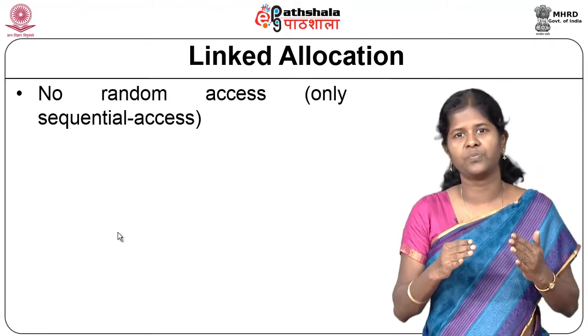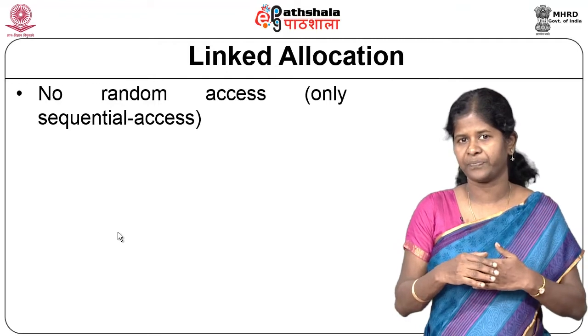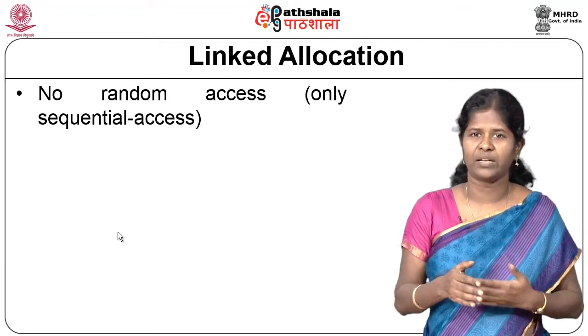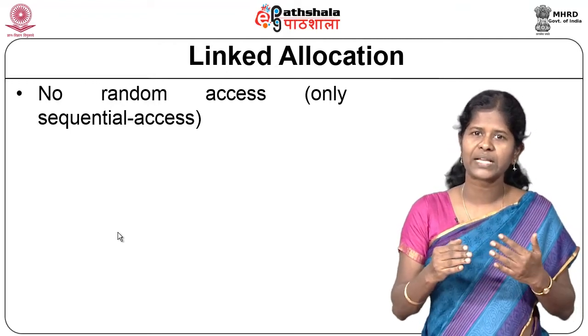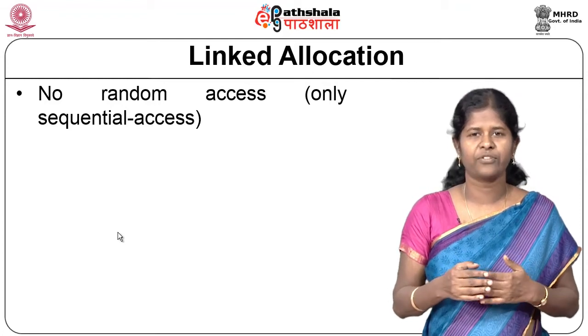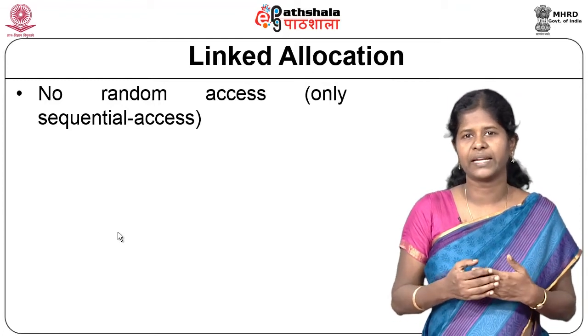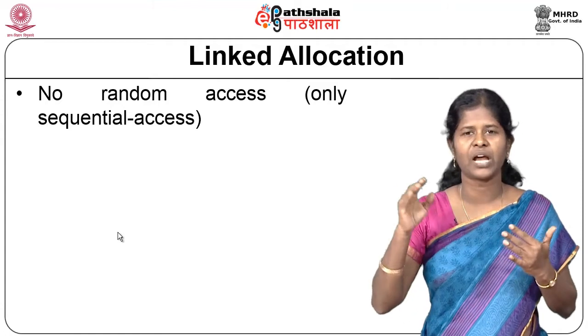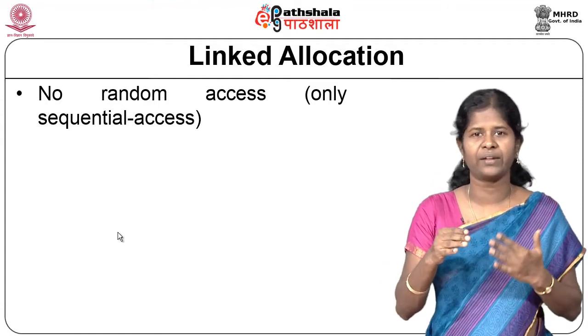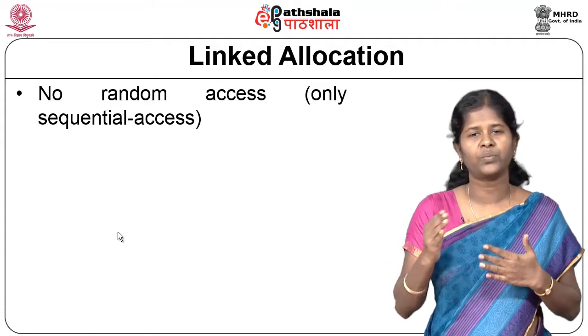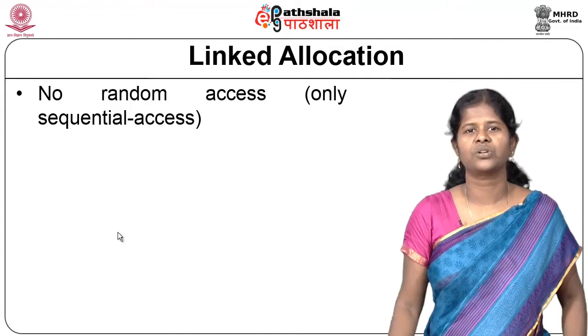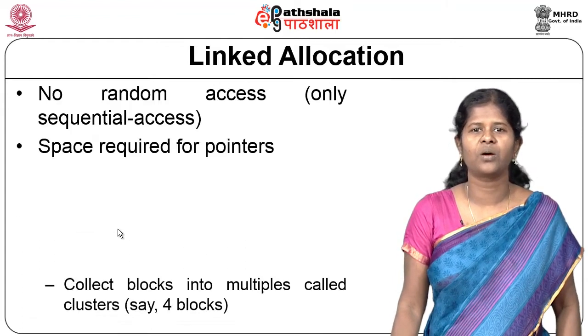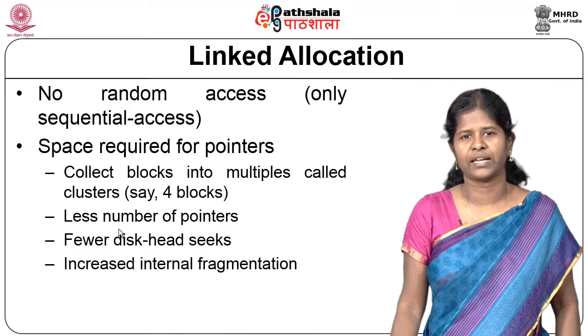You can access the disk blocks only one after the other, but there is no random access. If you want to access the fifth disk block directly, it is not possible. You would only have to start from the first disk block, move to the second, then to the third, and then to the fourth, and only then you can reach the fifth disk block. So, random access is not possible in linked allocation.